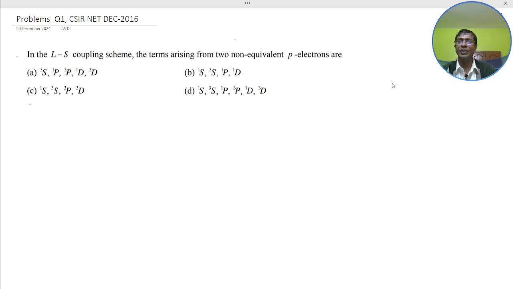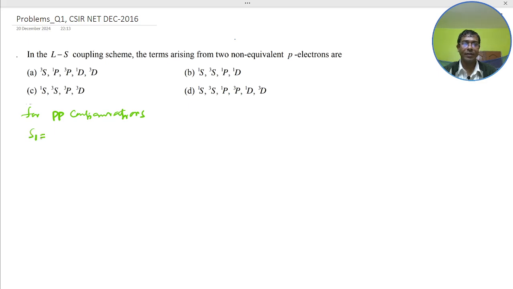So for doing this you have to memorize the spectroscopic terms. So for pp configurations, I think you should try yourself first and after that look at these solutions.